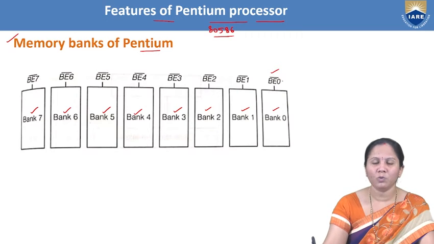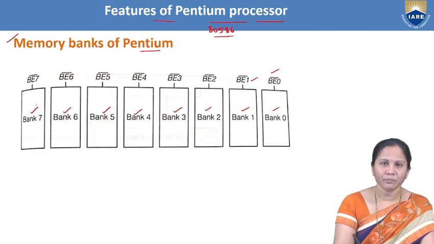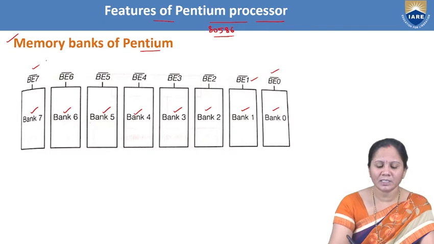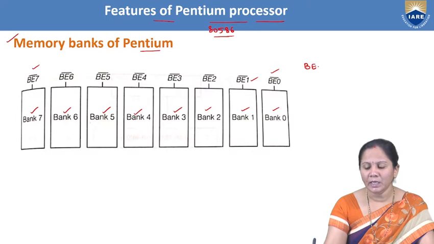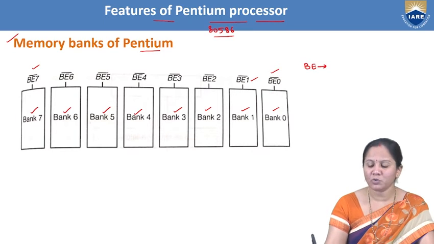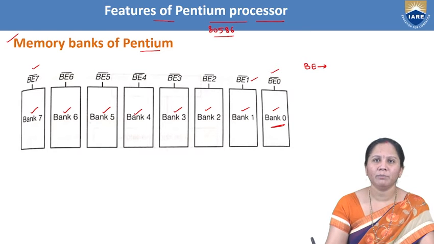For bank 0 you have BE0, for bank 1 it is BE1, and similarly for bank 7 it is BE7. This BE is the bit which selects the memory bank in the Pentium processor.